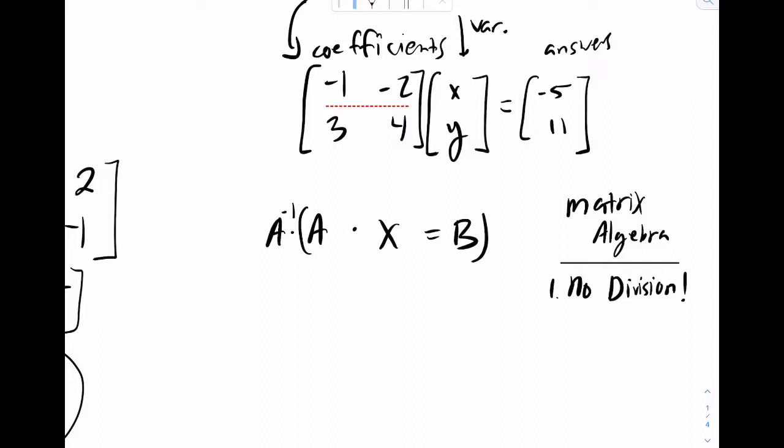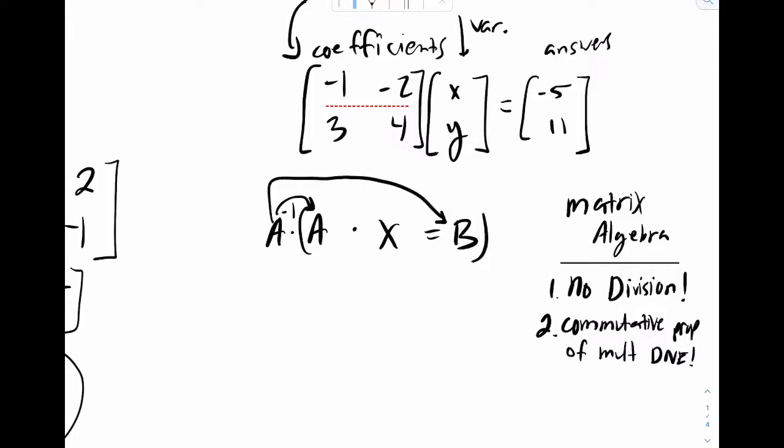Now, unfortunately, it's not as simple as it looks, because the second thing to remember is that the commutative property of multiplication does not exist, which means you have to take note of the side you're multiplying on. So if I do A inverse on the left, you have to think of it as on the left of everything. So these will cancel, that's nice, and x will equal A inverse times b.